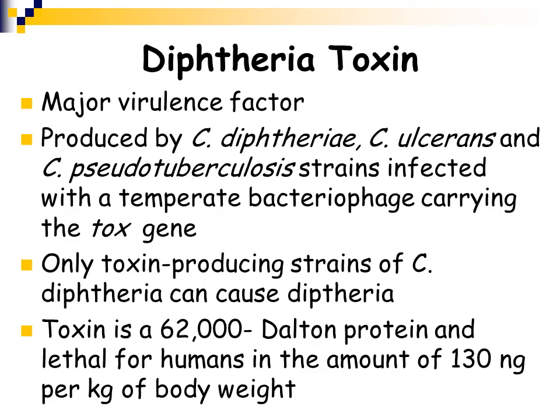That toxin is critical and essential for the disease. That toxin is a 62,000 Dalton protein that's lethal for humans in a very small amount. 130 nanograms per kilogram of body weight can be lethal.